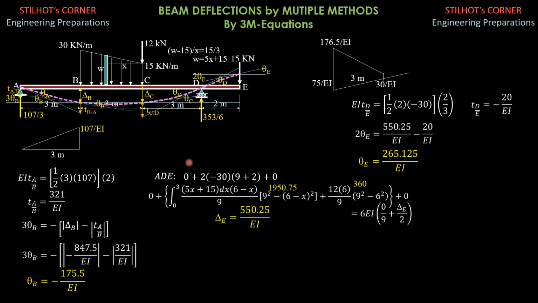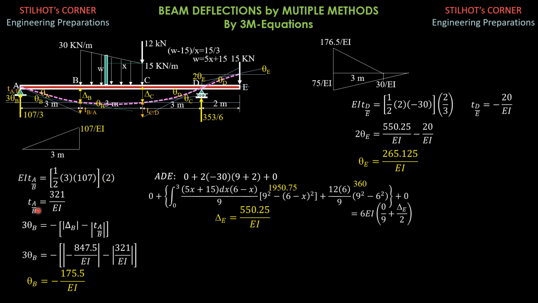So for theta B, we have to draw or consider the moment diagram between A and B, and let's evaluate the deviation of A relative to the tangent of B. So this is the only area between A and B. So EI deviation of point A relative to the tangent at B is the moment of this area with respect to A. So area 1/2 of 3 times 107, the moment arm is 2/3 of 3, so 2.